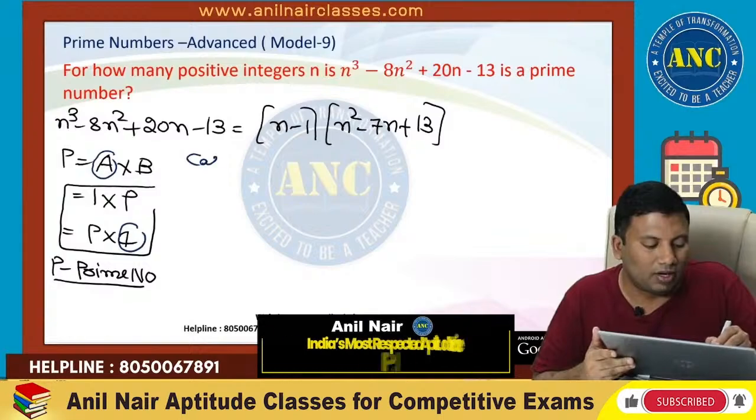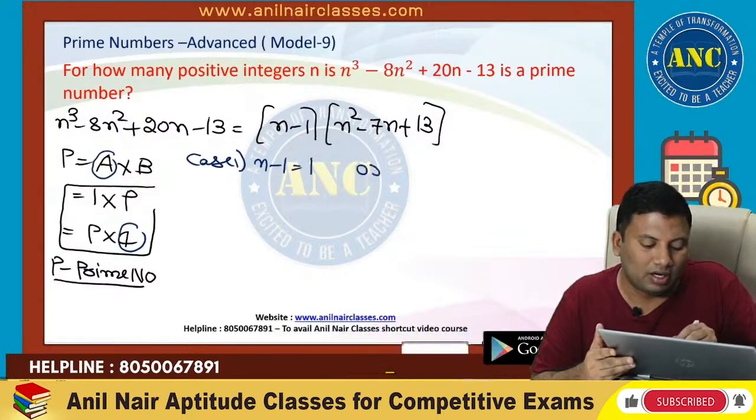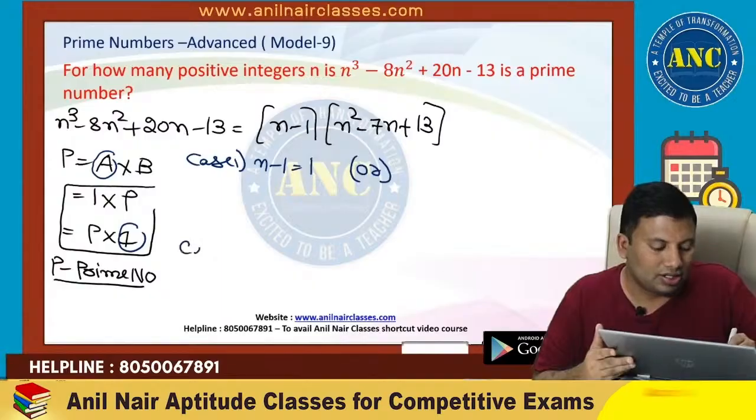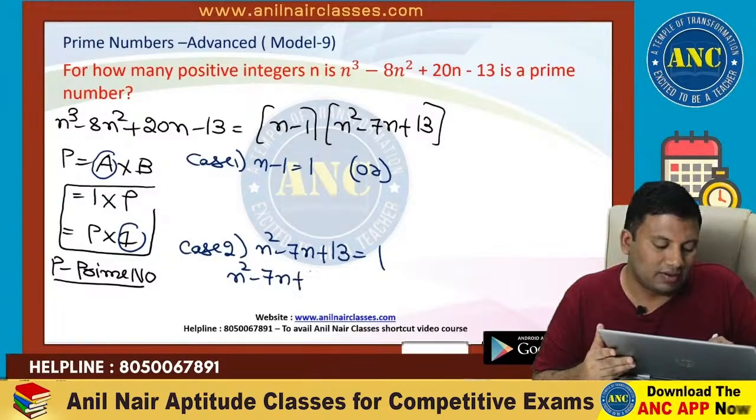Case number 1: either n minus 1 equivalent to 1, or case number 2: the second factor can be 1. n square minus 7n plus 13 equivalent to 1. So n square minus 7n plus 12 equivalent to 0.